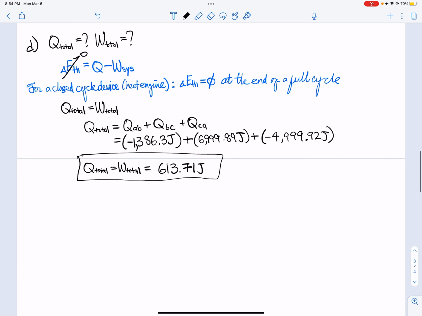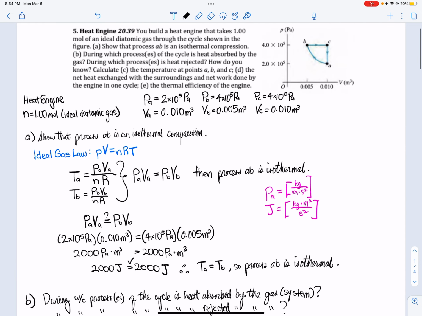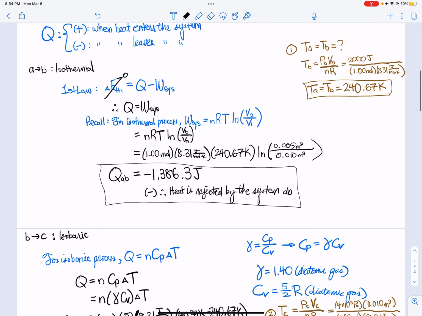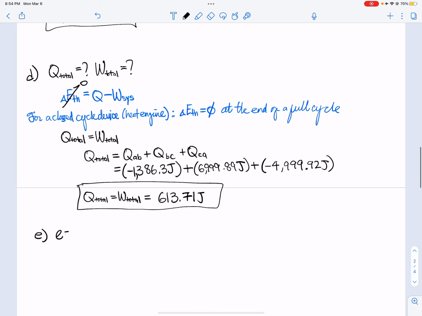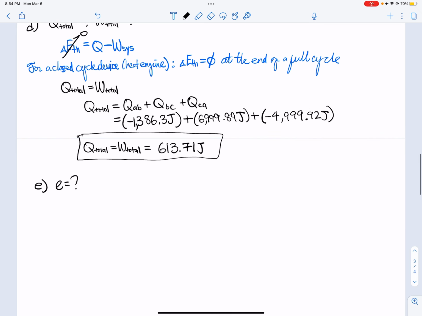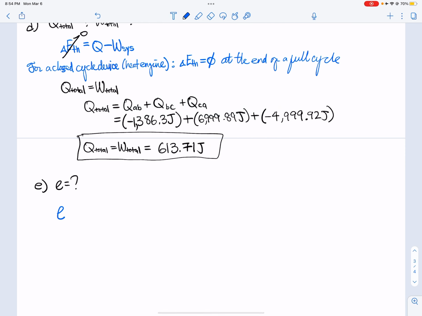All right. And part E, last part, it wants the thermal efficiency of the engine. Okay, so what is the thermal efficiency of the engine? Recall from our notes, thermal efficiency is equal to work out divided by QH, okay?